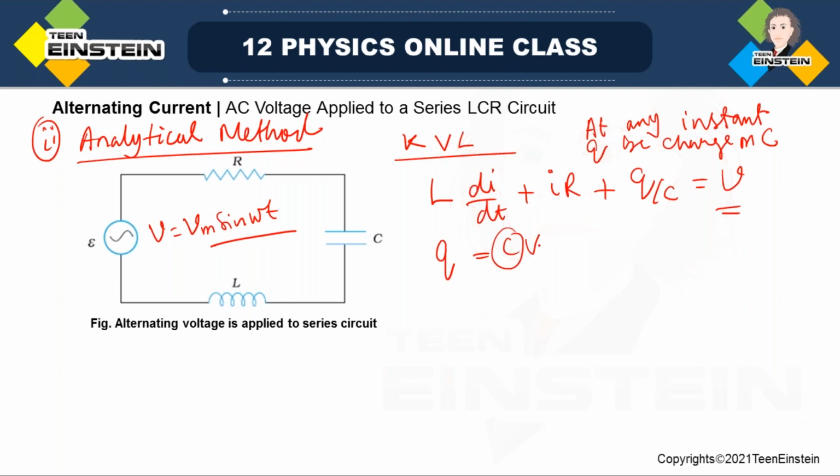C is constant, but V is varying, so the charge also oscillates in the circuit.